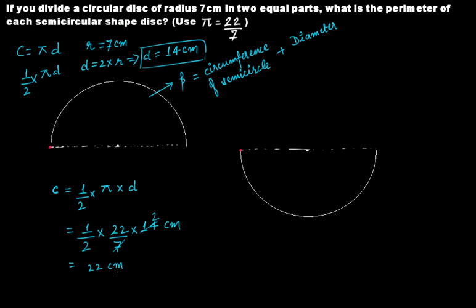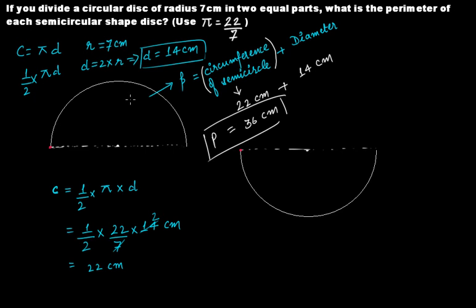Now this 22 centimeter is what we have calculated for the circumference of the semicircle. So write it down here, it becomes 22 centimeter plus the diameter, which is 14 centimeter. So this P, the perimeter of this semicircle, comes as 22 plus 14, which is 36 centimeter.